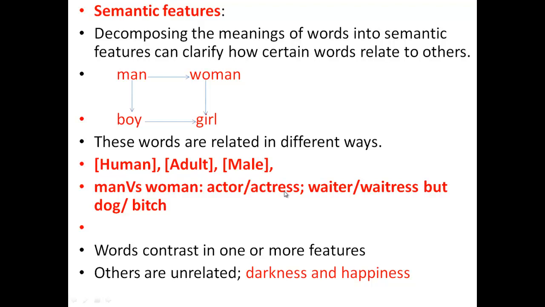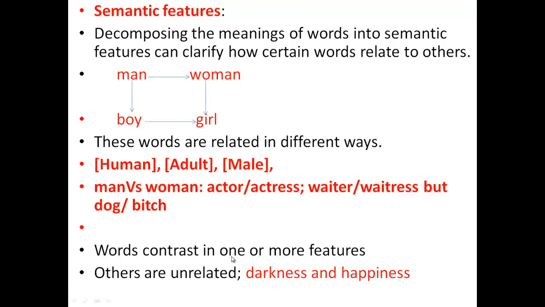So notice that we can have a general morphological rule here. But in some cases, this opposition between the male and the female is lexicalized, which means it is given a new word. For example, dog, instead of saying doggess like actress and waitress, we have a new word which denotes the female part of dog, which is bitch.